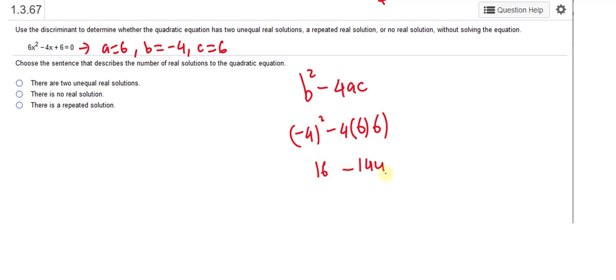Now 16 minus 144, that should be a negative, right? So a negative means that you don't have a real solution. So that should be this option.